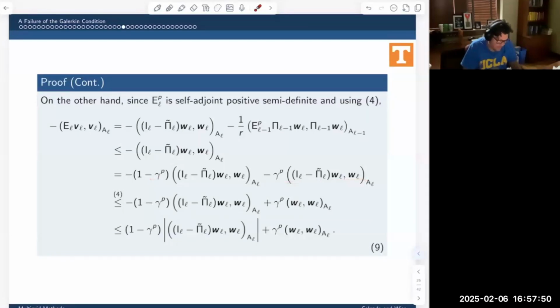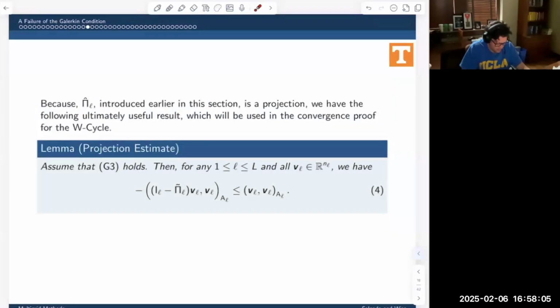We're all good, right? Now, from estimate 4, which we're going to go back and look at, that was something involving this term here. Okay, so let's go back and look at estimate 4. So estimate 4 said I can replace a negative something involving that guy with that term, which doesn't have that error.